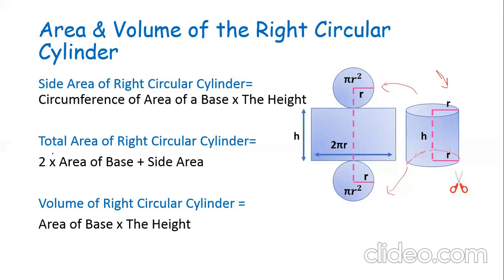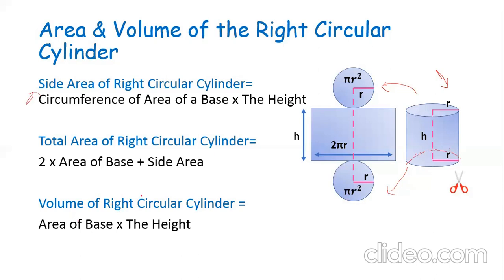Now, if we want to calculate the total area of the right circular cylinder, then we have to add the side area, which we found here in the first step, to 2 multiplied by the area of the base. So it's the side area, which is the area of this rectangle, plus the area of the first base, plus the area of the second base.